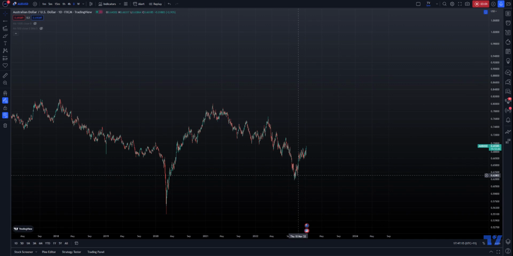So one thing I want to do before I move up to the weekly chart is explain to you that even though this was a deep correction, it did last for 2 years.